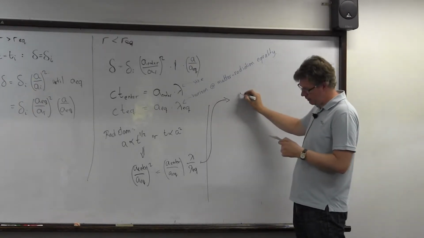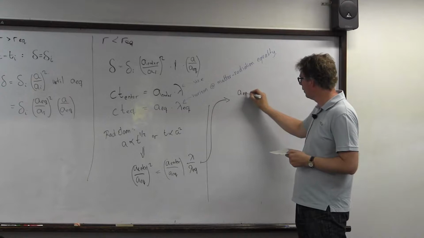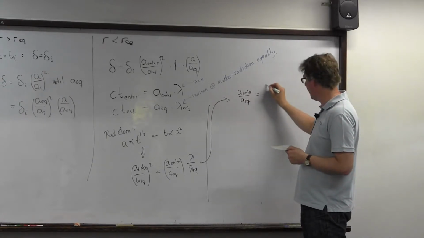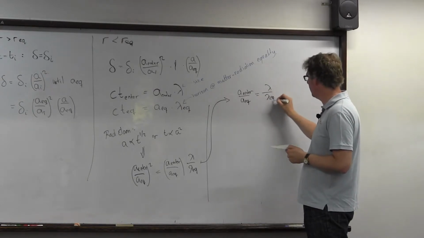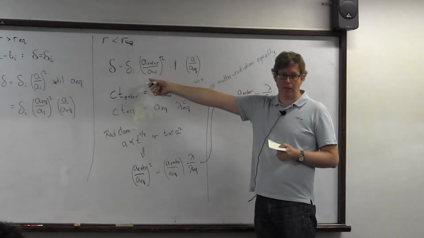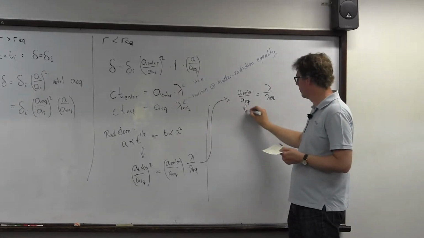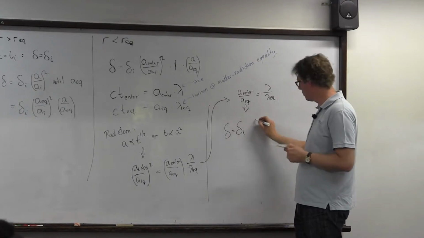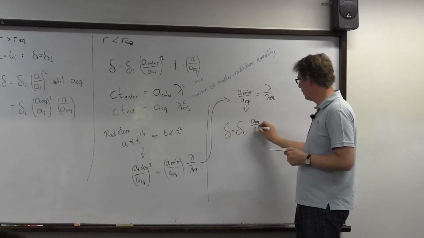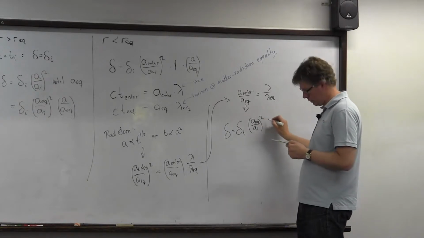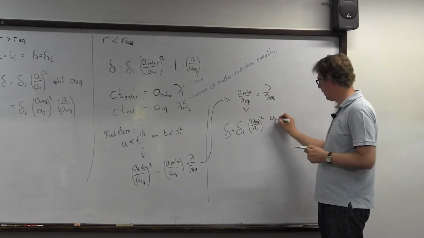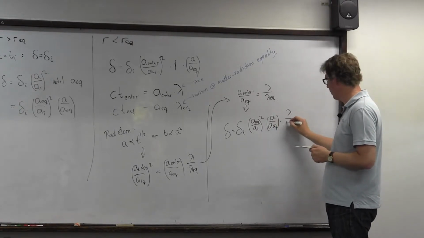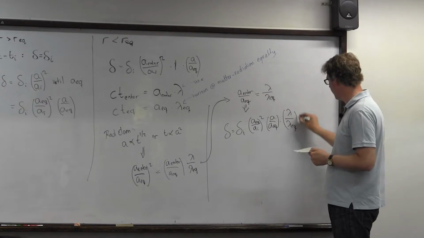Because this tells me that this expression A enter over A equality is lambda over lambda equality. So if I use that in here, I'll get the delta I times A equality A I squared, A over A equality is lambda over lambda equality squared.